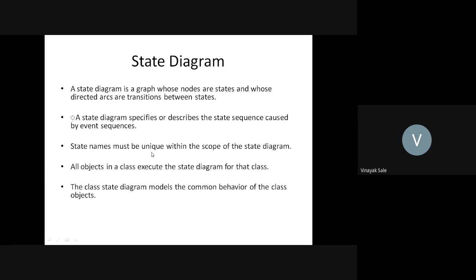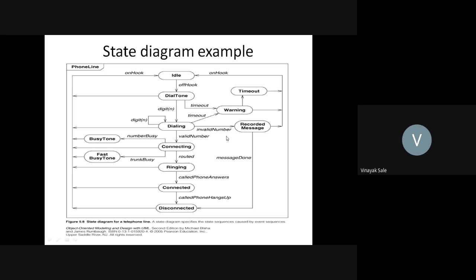A state name must be unique within the scope of the state diagram. All objects in a class execute the state diagram for that class. The object state diagram models the common behavior of the class objects. This is the state diagram for the phone line we have seen.